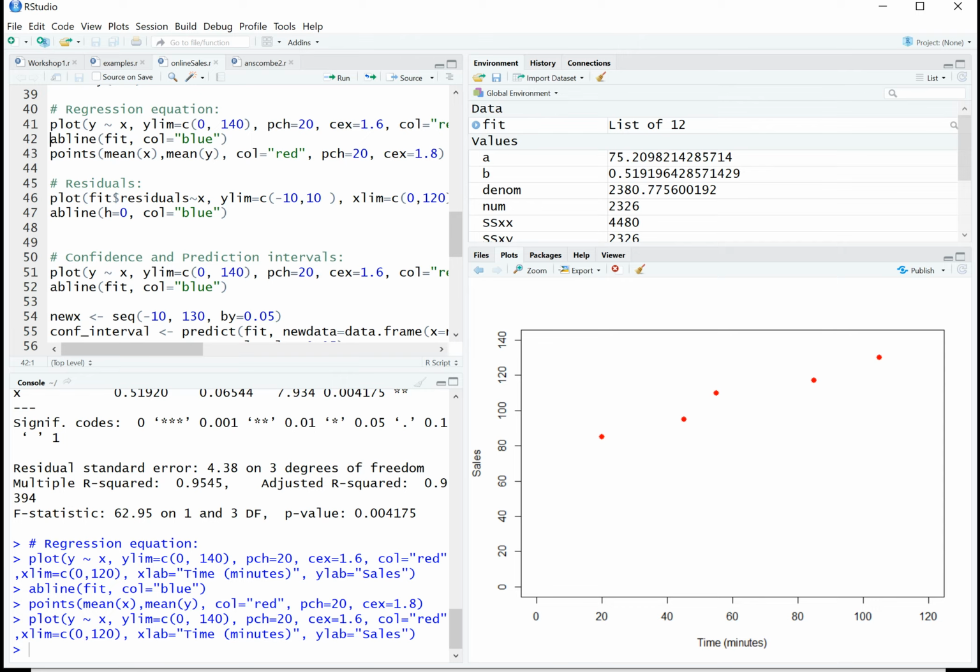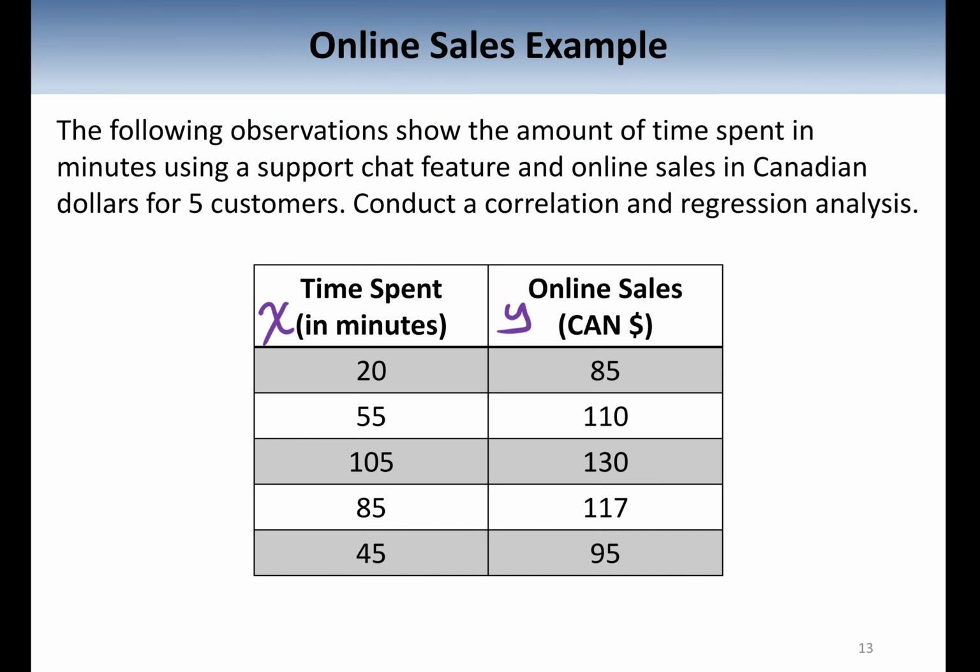And so we can then proceed with the methods used in this course. If the relationship had not been linear, we would have to use different regression methods taught elsewhere. But here we're good to go. We can proceed. So first thing here we want to do, we want to get the average time spent.